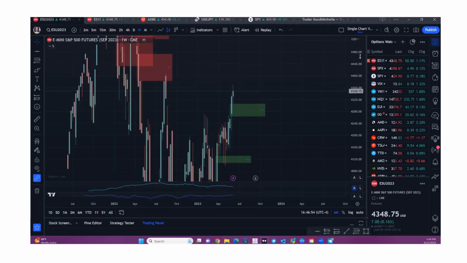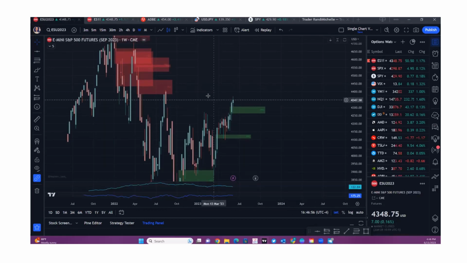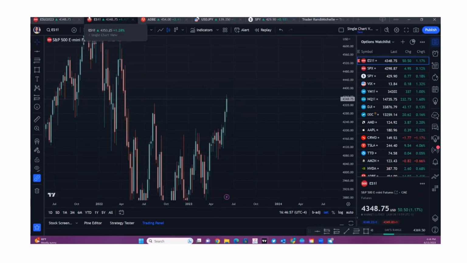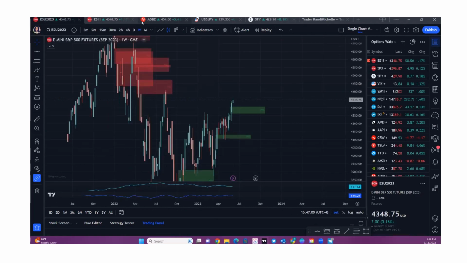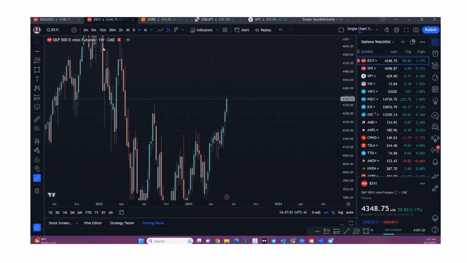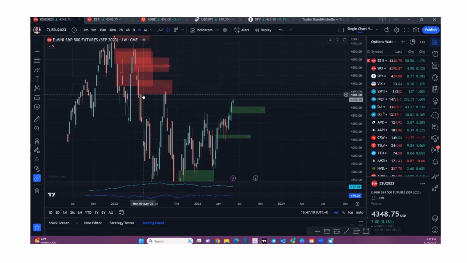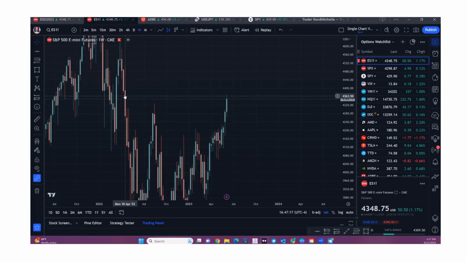To get us started, we want to start on the weekly and get an idea. Similar but different. We have a long wick up here, which would show resistance. But then here, we have to finish this candle first, so that may align with the rest of this little upward momentum.